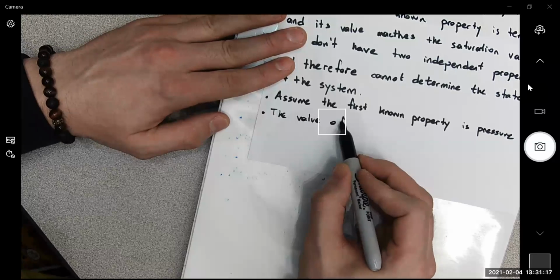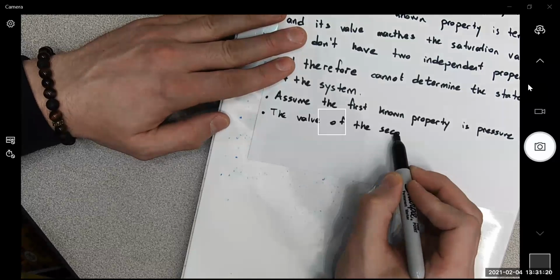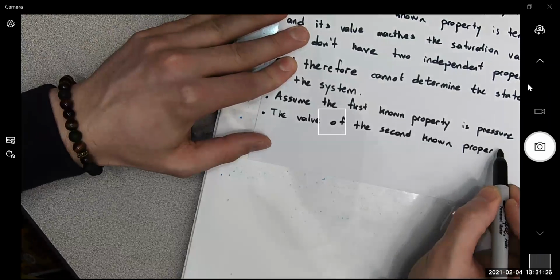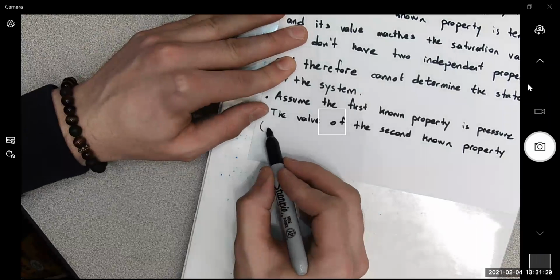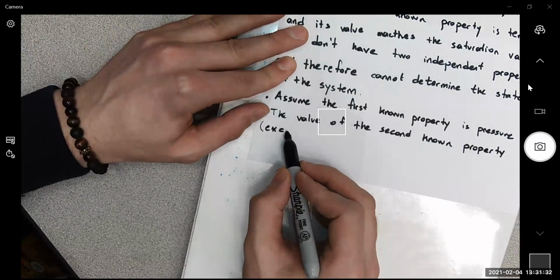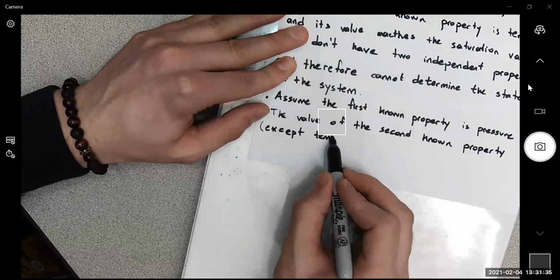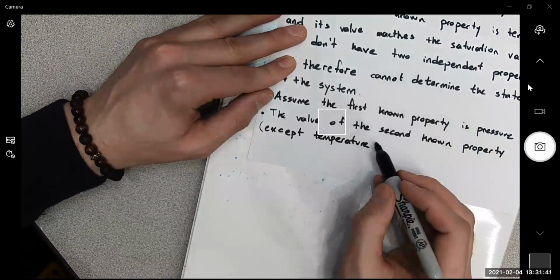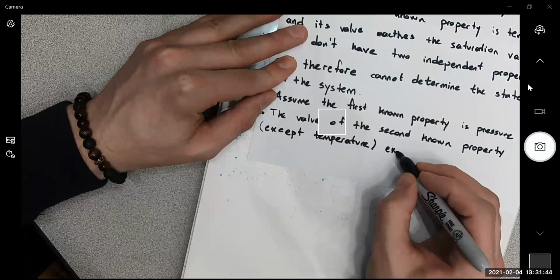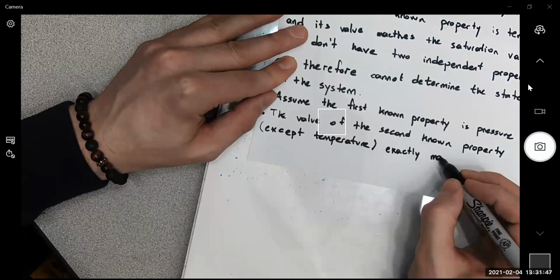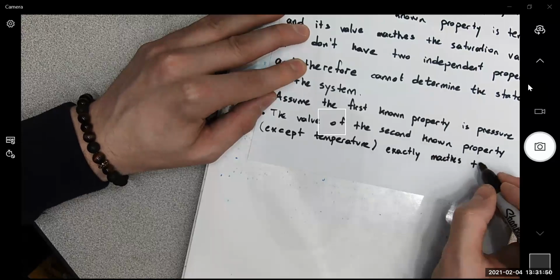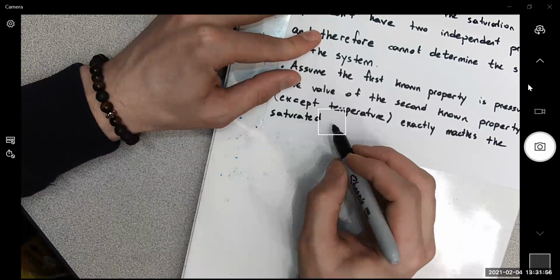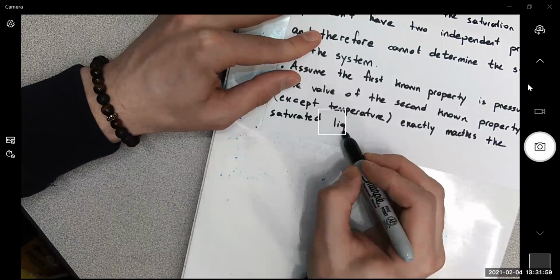The value of the second known property, except temperature, because of the reason we just described above, exactly matches saturated liquid.